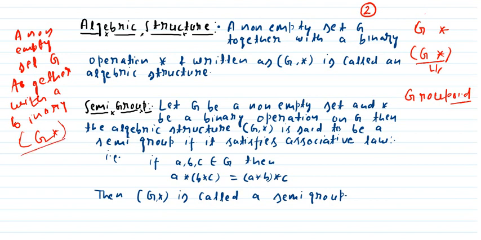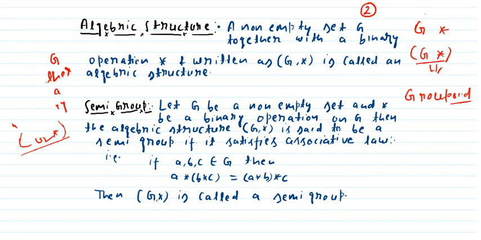Very simple definition. A non-empty set G together with a binary operation star and written in a bracket is called an algebraic structure.